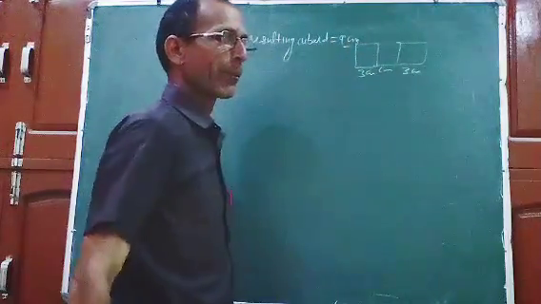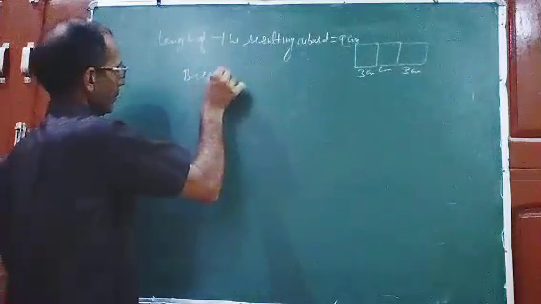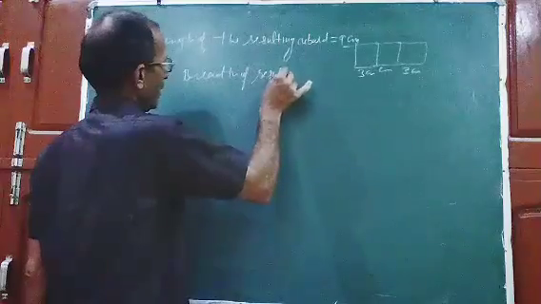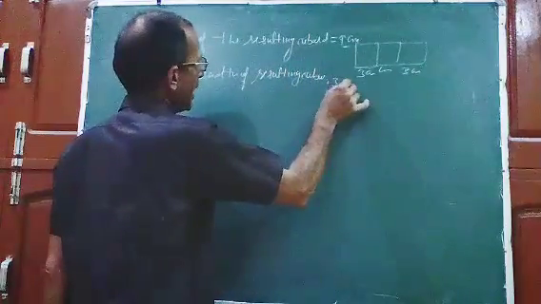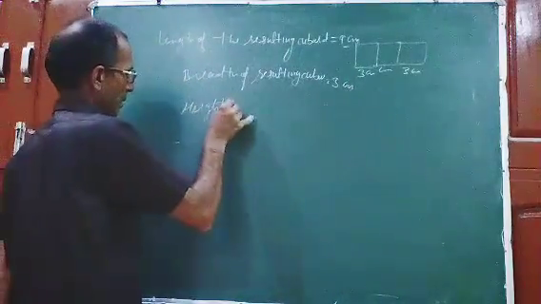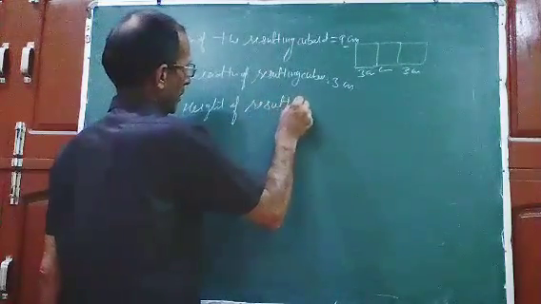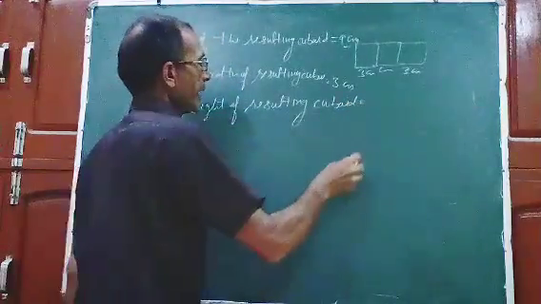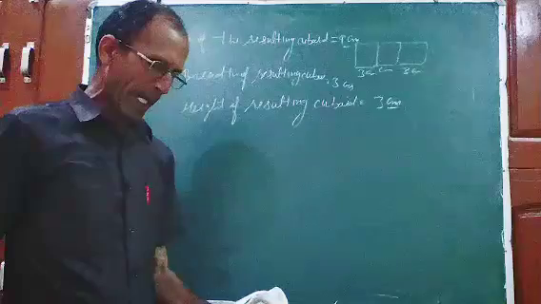Breadth of the resulting cuboid is 3 centimeter. Height of the resulting cuboid is 3 centimeter. So what we have to find?